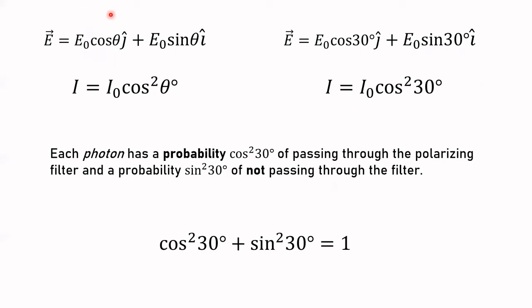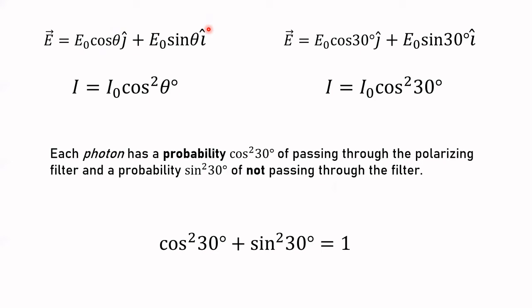So look at these two components. J hat, that's the state of being aligned with the polarizing axis. And if you take the component along that state and you square it, you get the probability of passing through the filter. If you take the component along the orthogonal state, the state of being not aligned or perpendicular to the polarizing axis, take that component and square it, you get the probability of not passing through the filter.